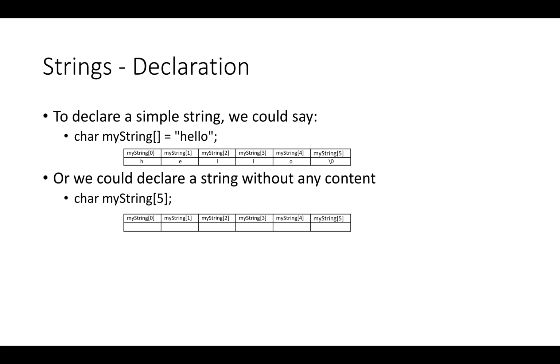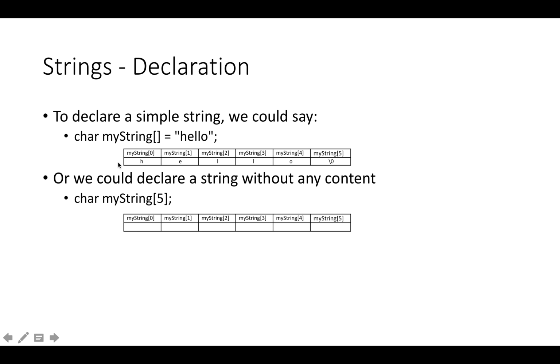So how would we actually get one? To declare a simple string, we could say char myString array equals hello. Remember that if we omit the number here, it will automatically determine the number from the string here. And that will result in an array that looks like this.